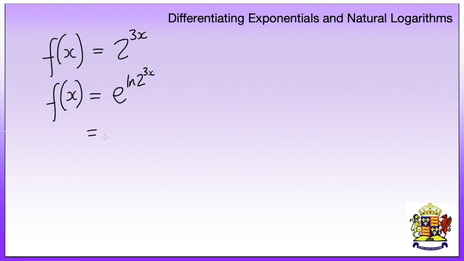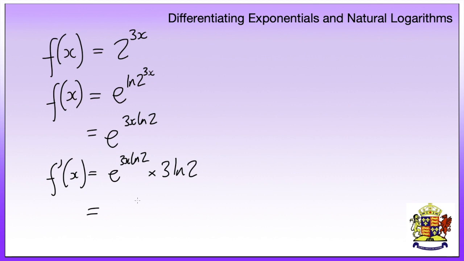I'm going to rewrite this as e to the 3x ln 2. And now, when I differentiate it, I get e to the 3x ln 2 multiplied by this differentiated. Now this differentiated, I could rewrite as 3 ln 2 times x. So the x disappears and I'm left with 3 ln 2.